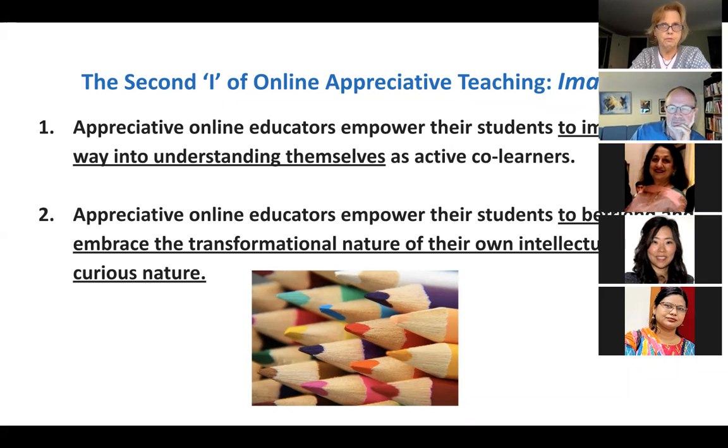I saw this because some of the people I interviewed, I had taken coursework with, and they had this ability to help us imagine ourselves as co-learners, not learning from the person who is the expert, but learning with the person who is an expert.